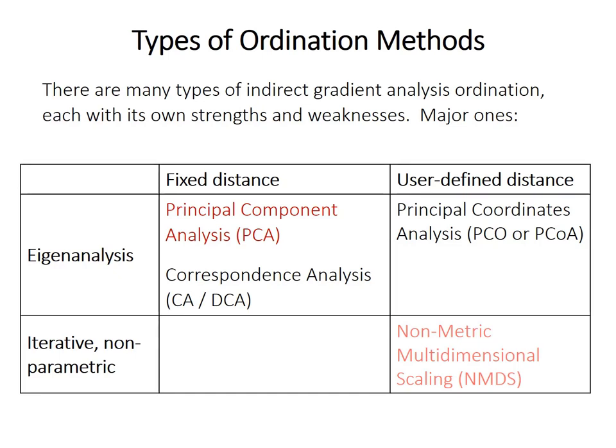So principal component analysis uses Euclidean distance between the points, as you'll see. And PCA also determines the new axes through a process called eigenanalysis, which uses the eigenvectors of a matrix. Other methods can use a more iterative trial and error type non-parametric method. I'll discuss non-metric multidimensional scaling in the next video, but the other two examples listed here we're not going to cover in this class.